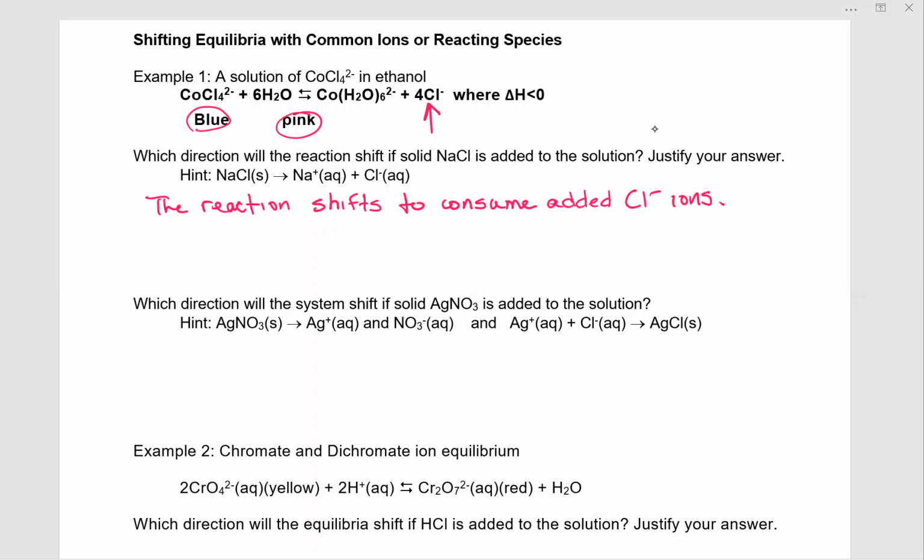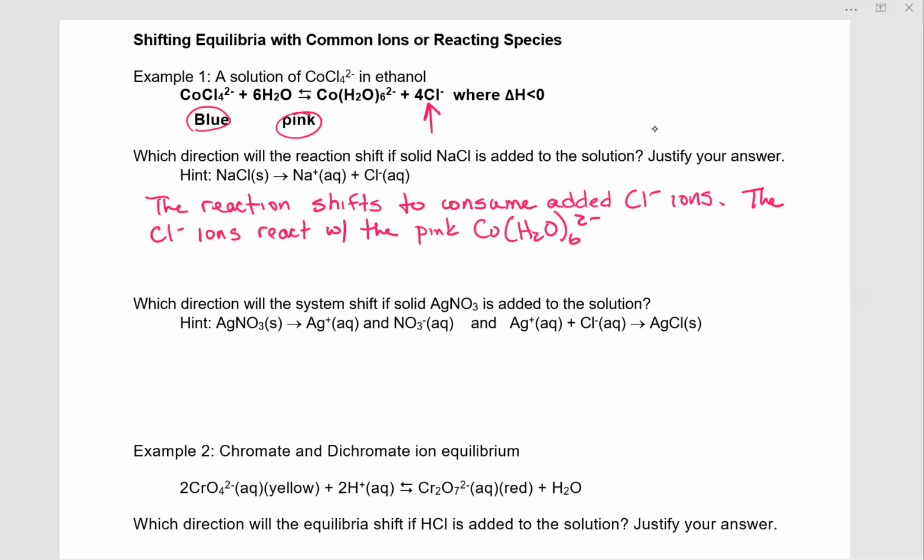This is just like yesterday, okay? The chloride ions react with the pink cobalt H2O6 2+.